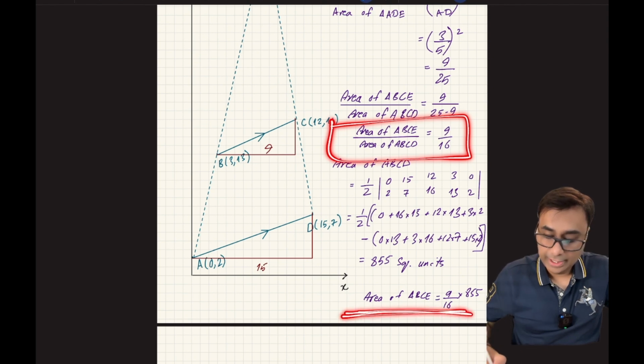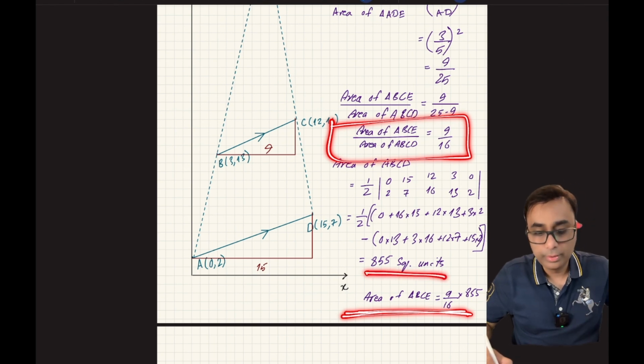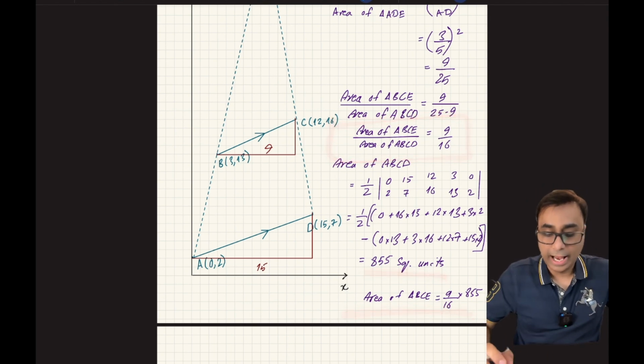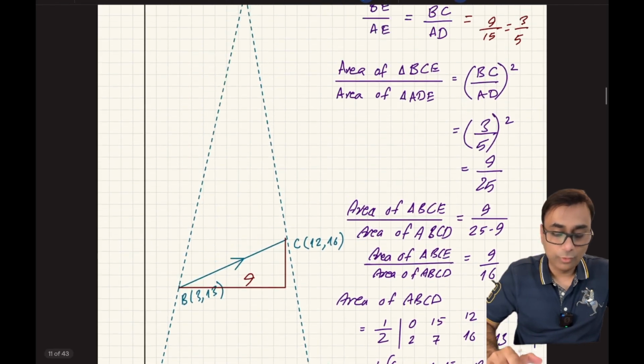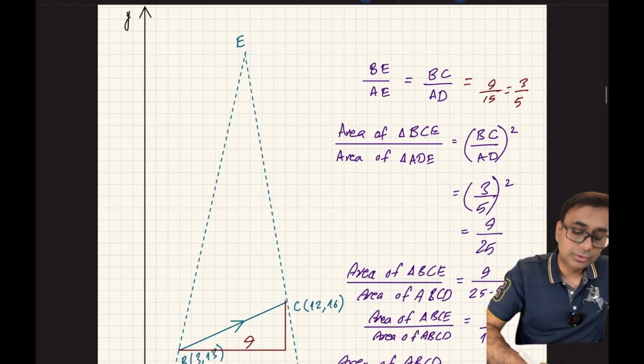And once I get the area of triangle BCE, I can also add the area of the trapezium to get the area of the whole big triangle as well. So I can calculate all of the areas involved without having to find the coordinate A.